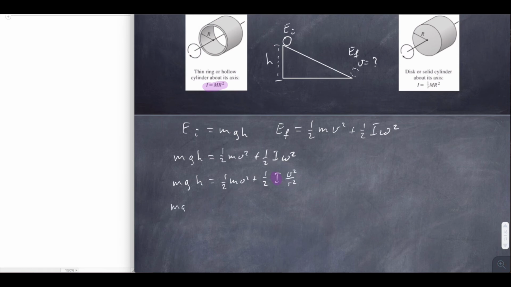We'll have mgh equals 1/2 mv squared plus 1/2 mr squared v squared over r squared. So my r's cancel, and I get mgh, and then a half plus a half is 1, so I get mv squared. The m's cancel, and I get v equals the square root of gh.